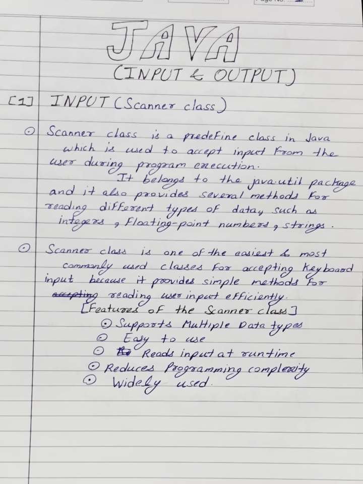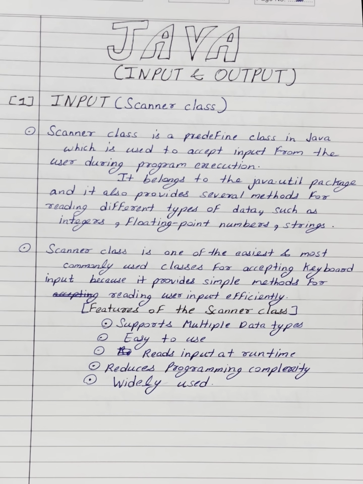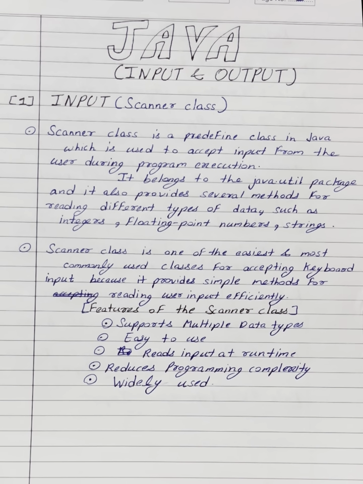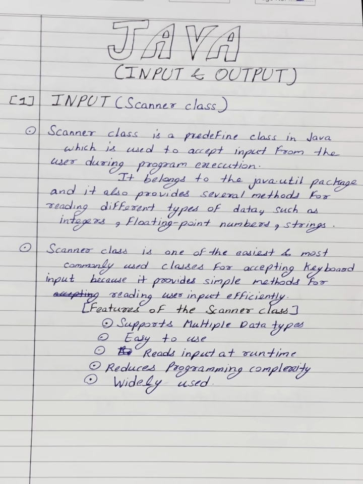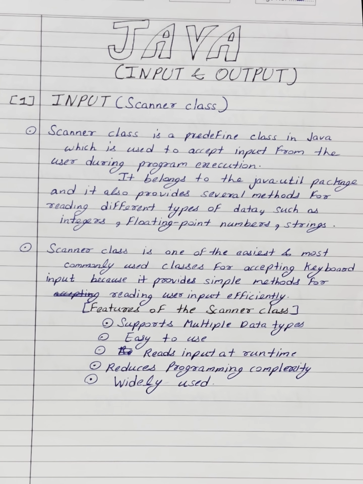So guys, input is the process of providing data or information to a program so that it can perform a specific task, and the data may be entered by the user through the keyboard or obtained from other sources such as files, databases, or network connections.